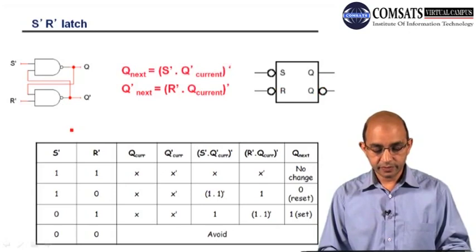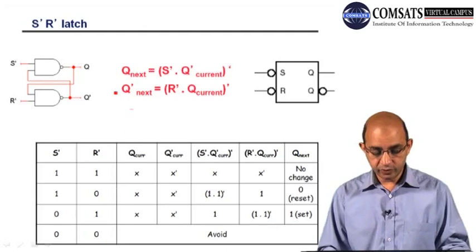So this is the function table, in addition to the characteristic table, where we have the current state and the next state. You can see 1 1, no change. 1 0, 0. And 0 1 we will be having 1.